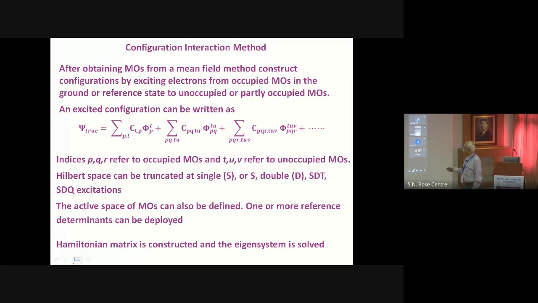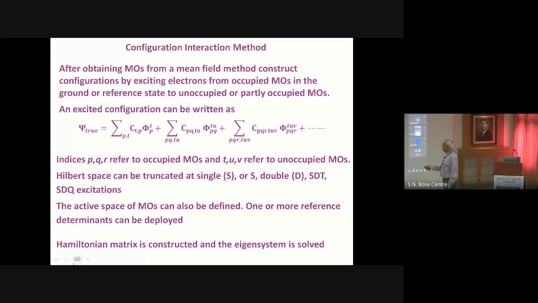So what's on superscript is an empty orbital, what's on subscript is an occupied orbital, and each term like this gives you an excited Slater determinant. It's called a singly excited Slater determinant because you have removed an electron from one orbital in the occupied space and put it in an orbital in the unoccupied space.